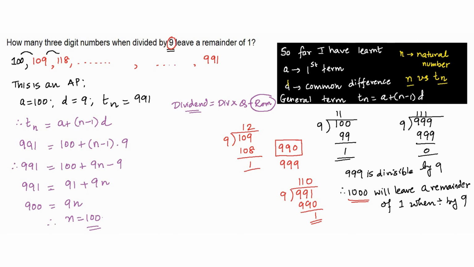This particular idea is used in each and every problem whenever you are trying to find the number of terms that are divisible by some number. Okay, so this is the last question that we have today.